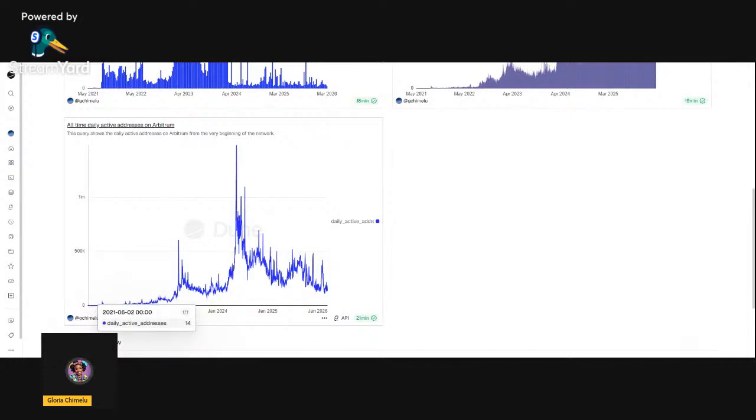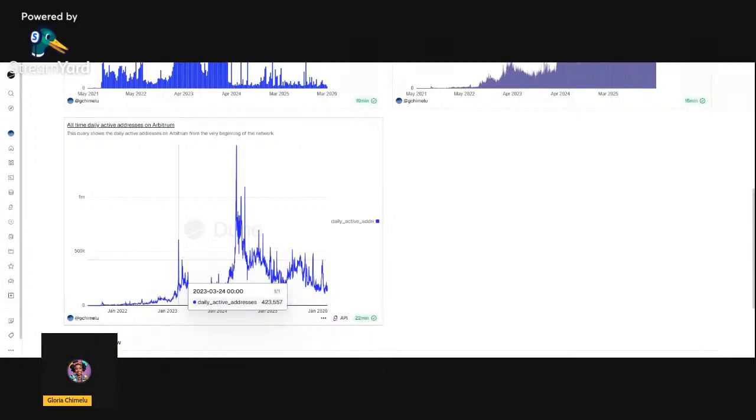Here you can see that Arbitrum went live in June 2021, and the daily active addresses were just 14. But it steadily grew. This is the airdrop period (TGE), and you can see a surge of active addresses on the 24th of March, which coincides with when the airdrop was launched.